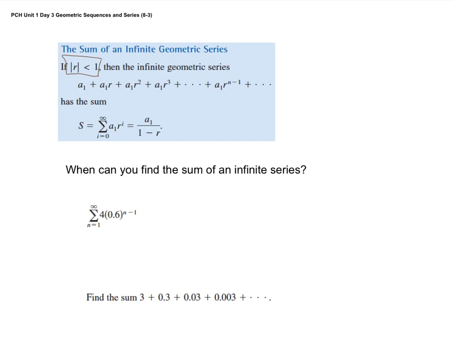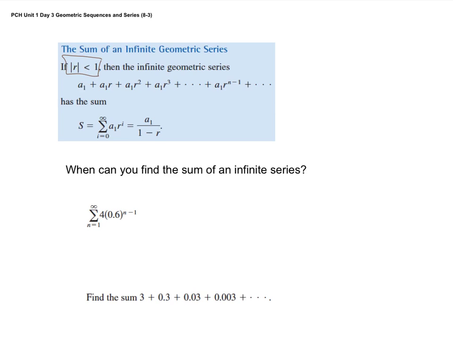Now, think about that for a second. What's going to be happening to the terms of the sequence if the absolute value of r is less than 1? The value of a sub n is going to be getting smaller. In other words, it's going to be getting closer and closer to 0.